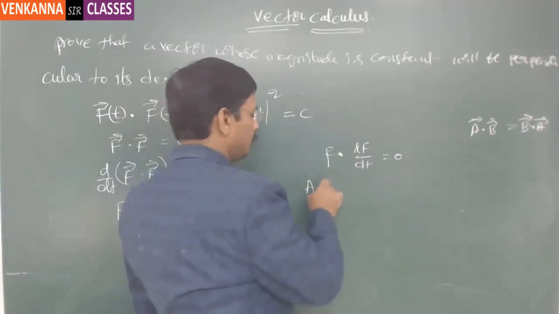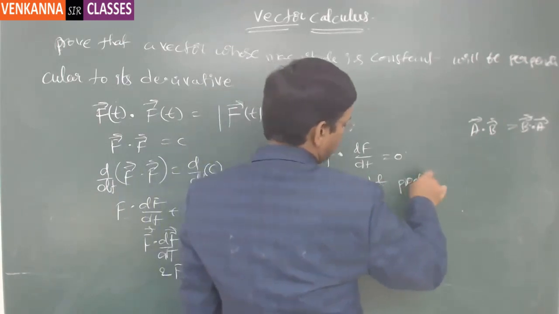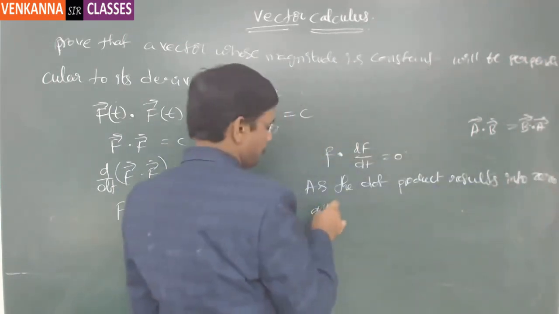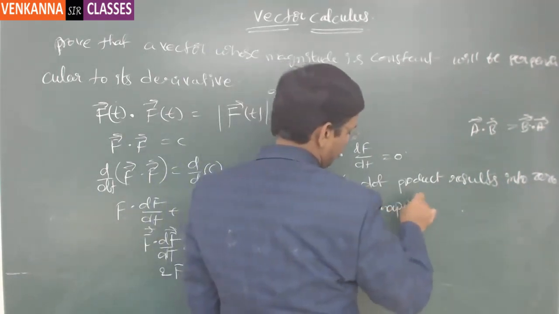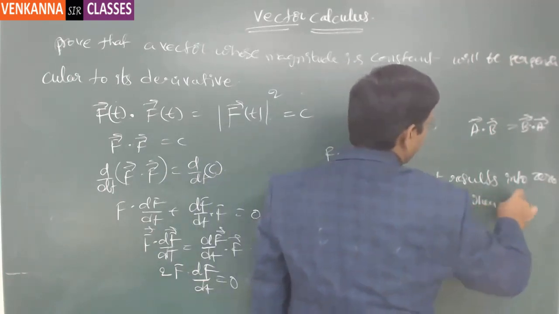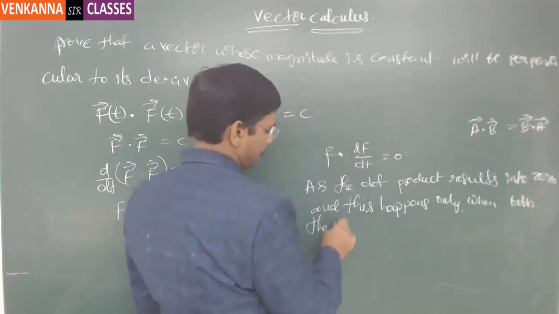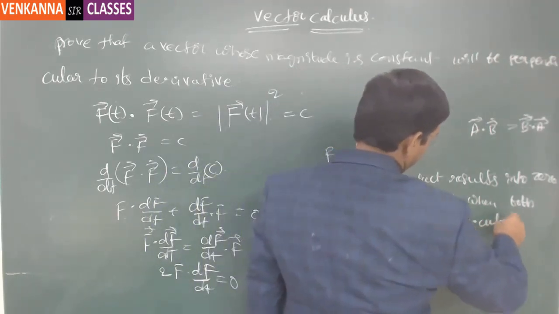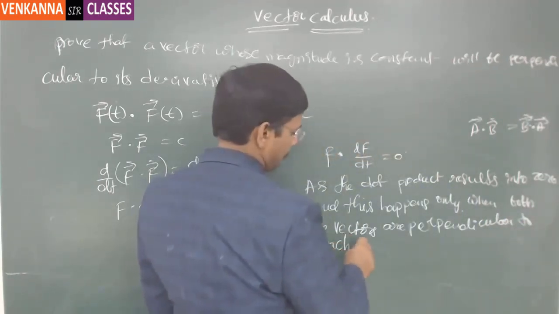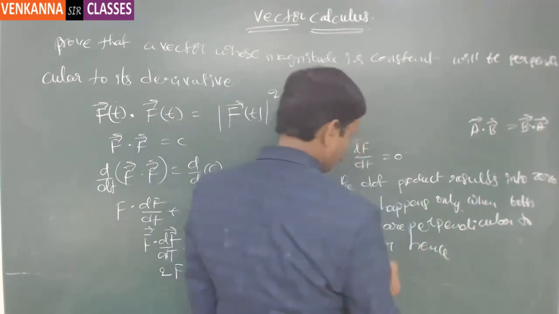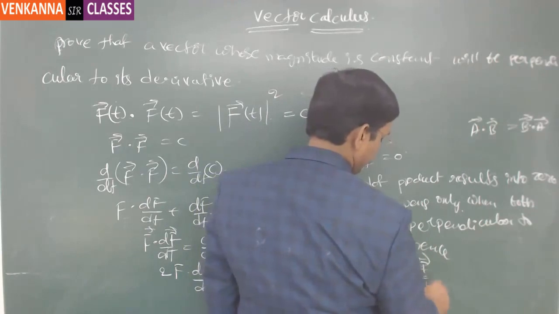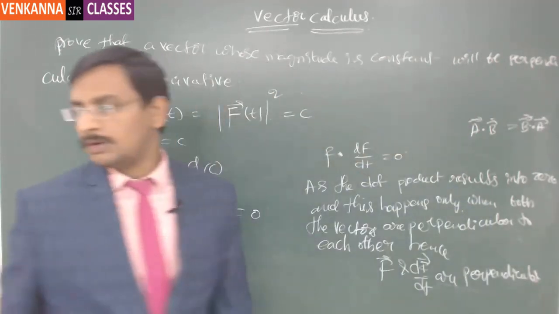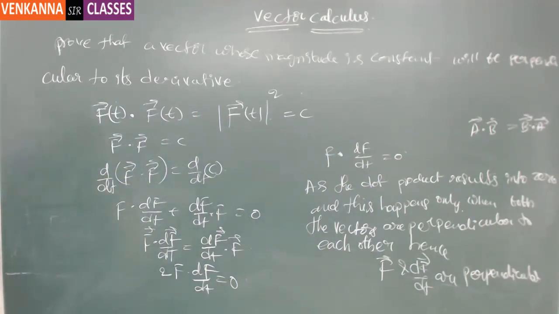As the dot product results in 0, and this happens only when both the vectors are perpendicular to each other, hence f and df by dt are perpendicular. Got it? Note down this. Done?